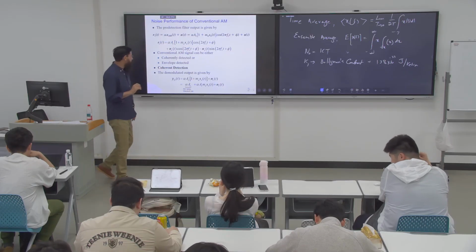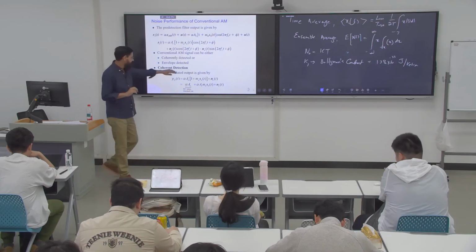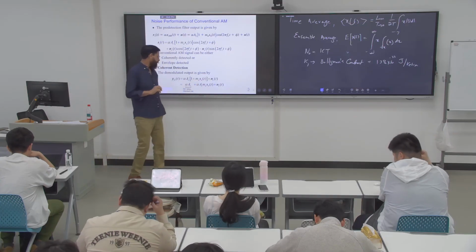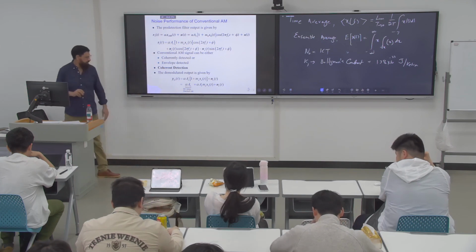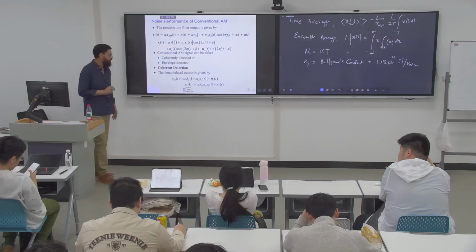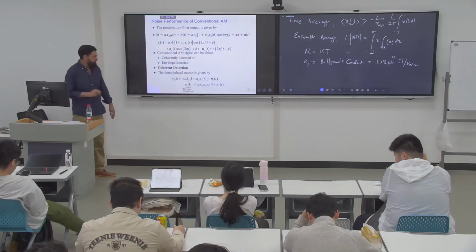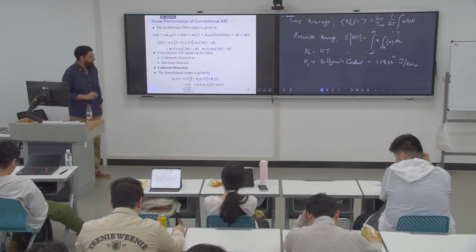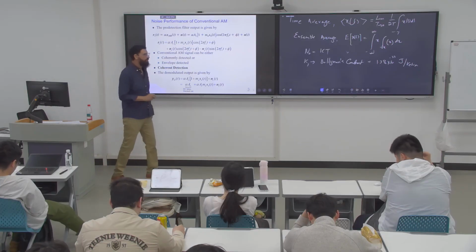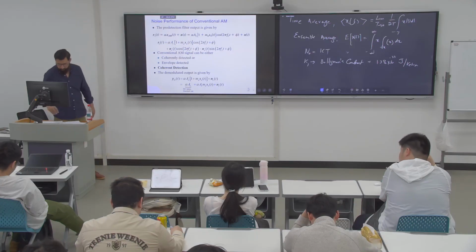The demodulated output is given by this term plus NC. So we have this DC term, but the DC term is blocked out. So we are left with the signal alpha AC MA SN plus NC, where NC is the quadrature component.